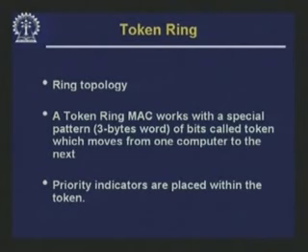So the first system that we will talk about is the token ring. As the name itself suggests, it is a ring topology, and a token ring MAC works with a special pattern or token which is 3 bytes long. So a 3 byte word of bits called a token moves from one computer to the next. Priority indicators are placed within the token. How the priority indicators are used, we will see later.